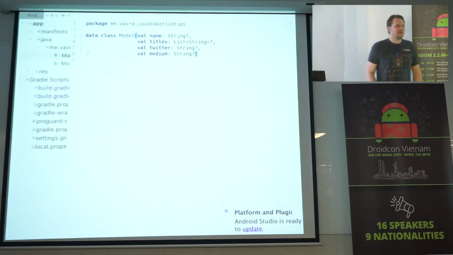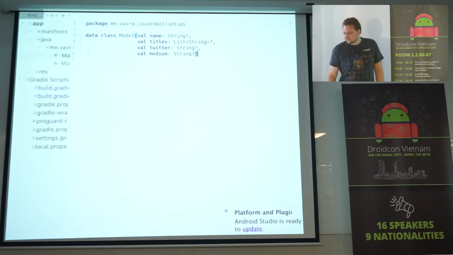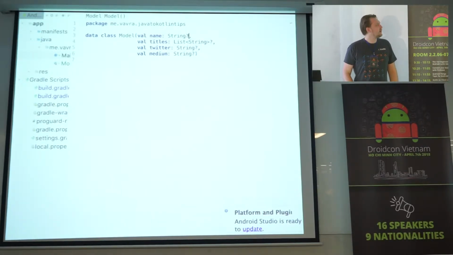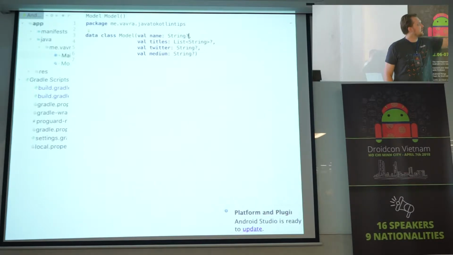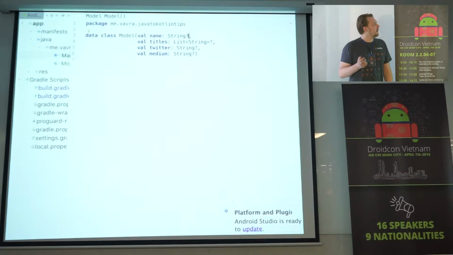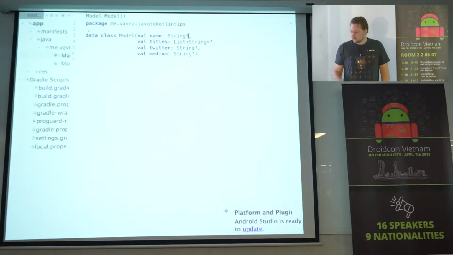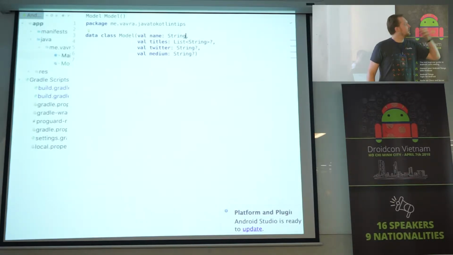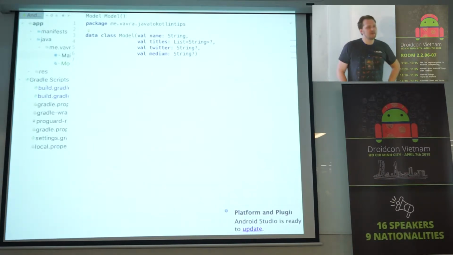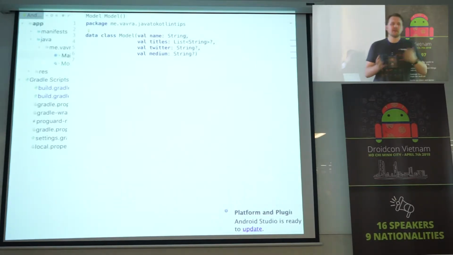And now let me explain a little bit about nullability for people who don't know. This question mark here means that the type is nullable. That means it can be null. And I can say that some of the variables will never be null. So for example, the name will never be null. I know that from the database it will never be null. But these other things are optional, so maybe they could be null.